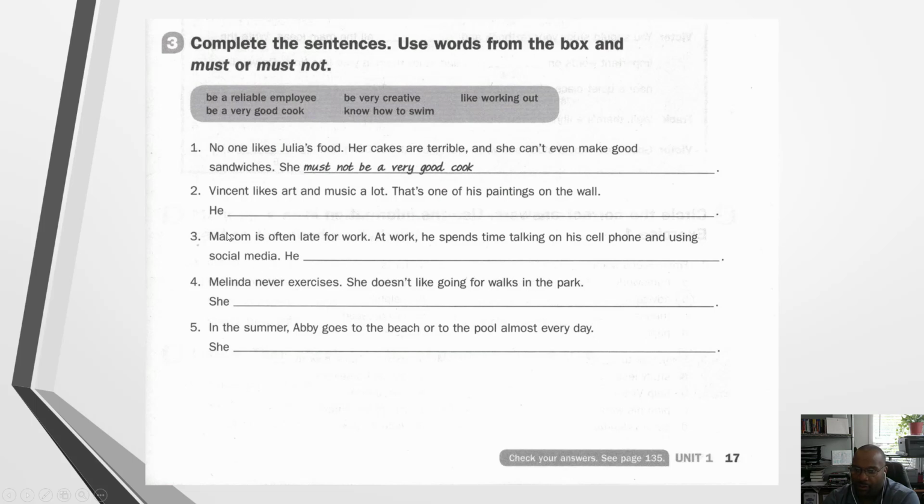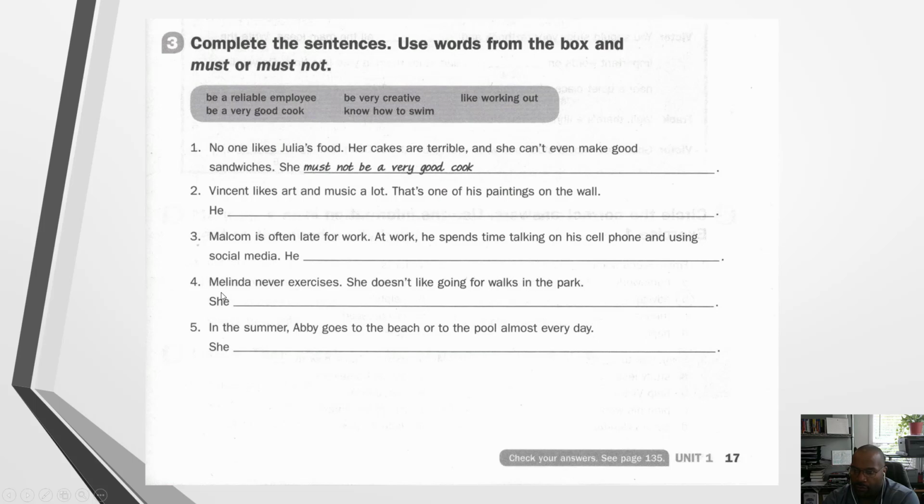Number 3. Malcolm is often late for work. At work, he spends time talking on his cell phone and using social media. So my logical conclusion is, he must not be a reliable employee.